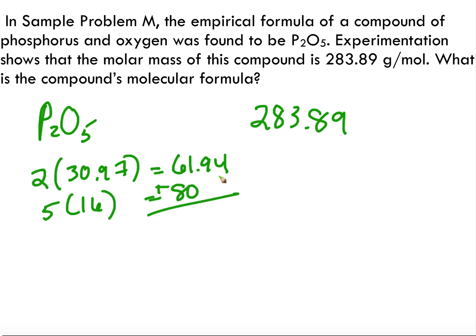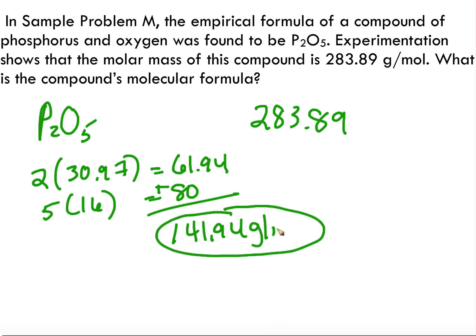If I add these up, we have 141.94 grams per mole as the molar mass of our empirical formula. So we need to divide 283.89 by 141.94, and we get 2.